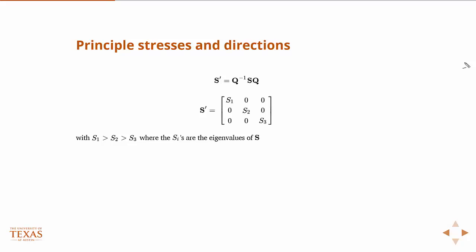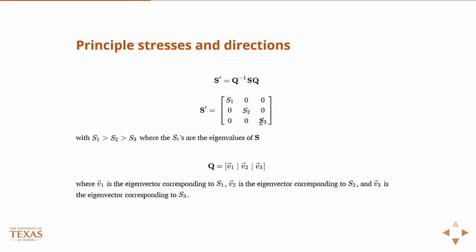So again, if we diagonalize it, S prime will look like this, where I have now used S1, S2, and S3. And typically we order them from largest to smallest, so S1 is greater than S2 is greater than S3. That's typically how we order it.